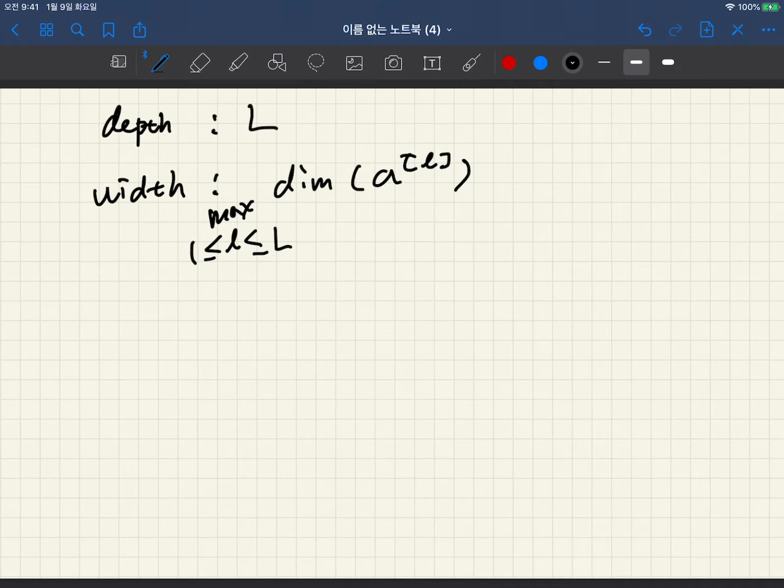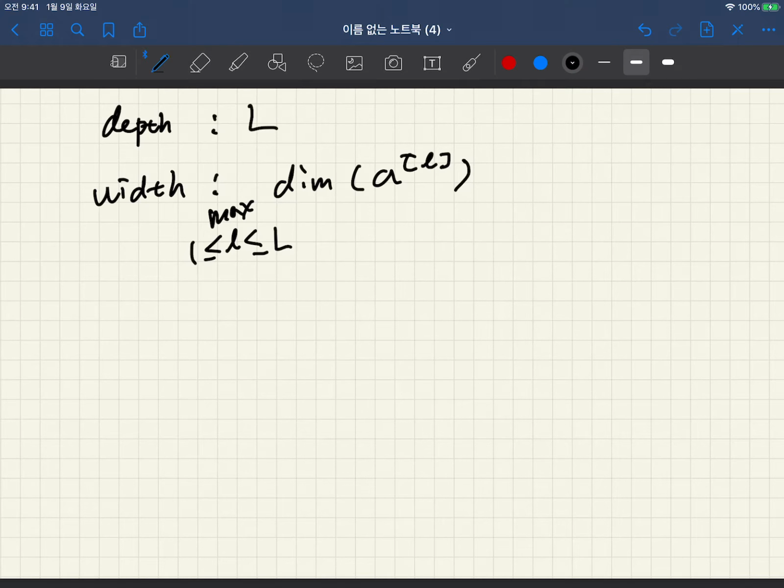Okay, right. Then what is the meaning of depth and width? Why do we have to have sufficiently large width and depth to have nice properties or to have very nice accuracy.